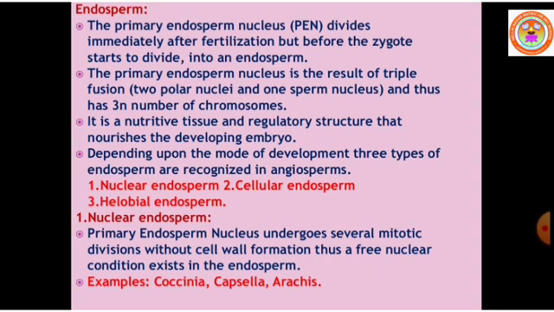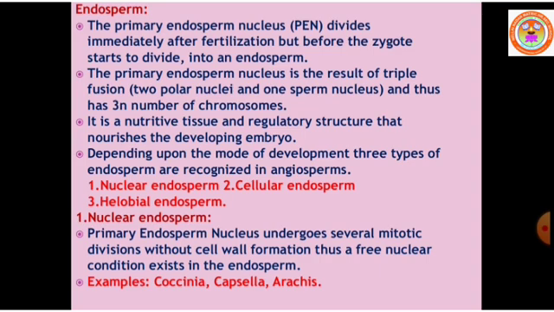This primary endosperm nucleus has 3n number of chromosomes and it is a nutritive tissue that nourishes the developing embryo. So the growing embryo obtains food from the endosperm because it is the nutritive tissue. Kindly remember. Depending upon the mode of development of endosperm, three types are recognized in angiosperms.